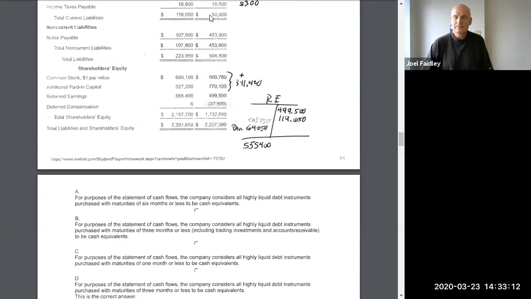Well, the only thing that can be is dividends. There's not a lot goes on in retained earnings. There's no prior period adjustments or anything going on here. This is just, if it's not net income or loss, it's dividends that impacts retained earnings. So 63,750 would have been the reduction of retained earnings, a debit to retained earnings, and a credit to dividends payable.